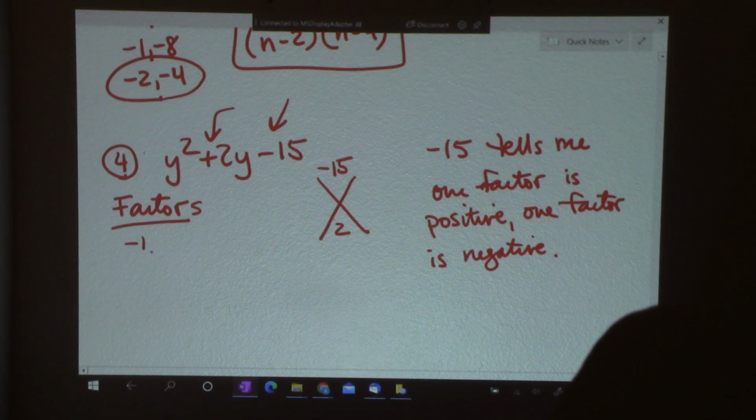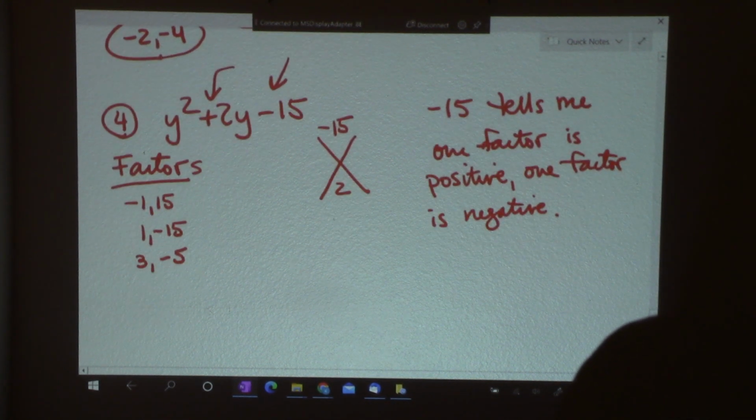So I could have -1 and positive 15, right? -1 times positive 15 is -15. Or I could switch that, right? 1 and -15. Okay, what else multiplies to 15? Well, 3 and 5, so I could have 3 and -5.